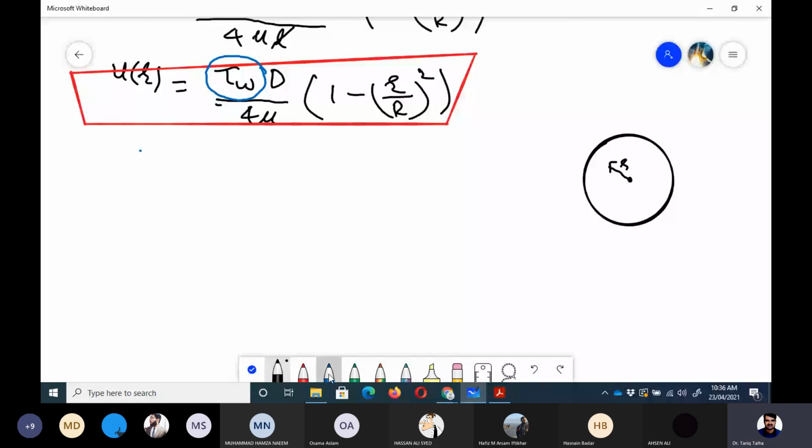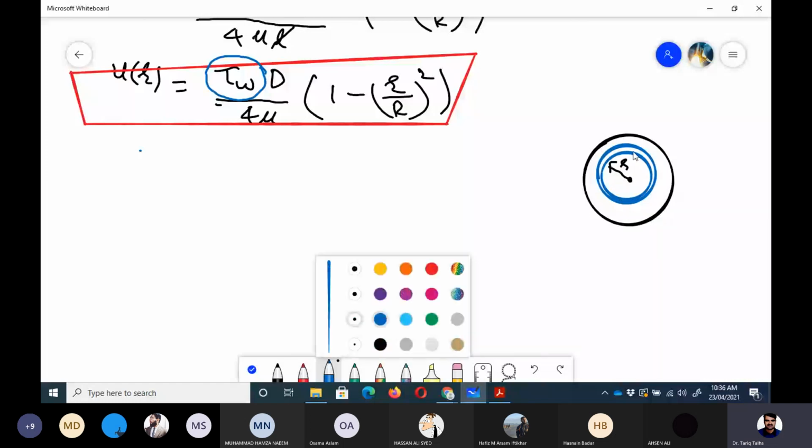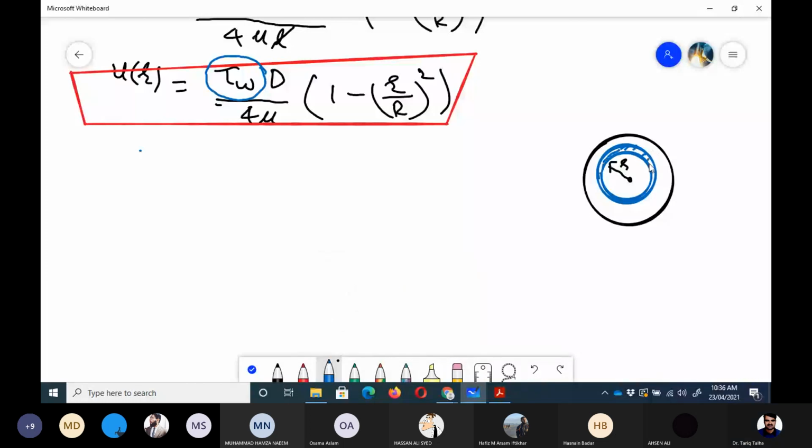So we take a strip here, which is of thickness dr. So this thickness is dr. If I want to calculate the volume flow rate through this strip, then I need to do the integration, because there would be strips from r is equal to 0 to r is equal to capital R.